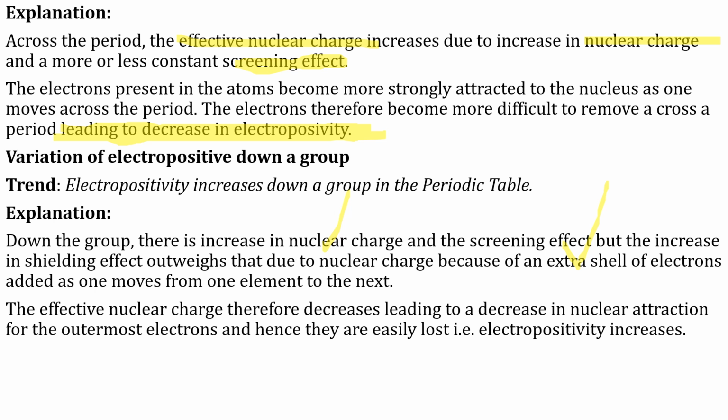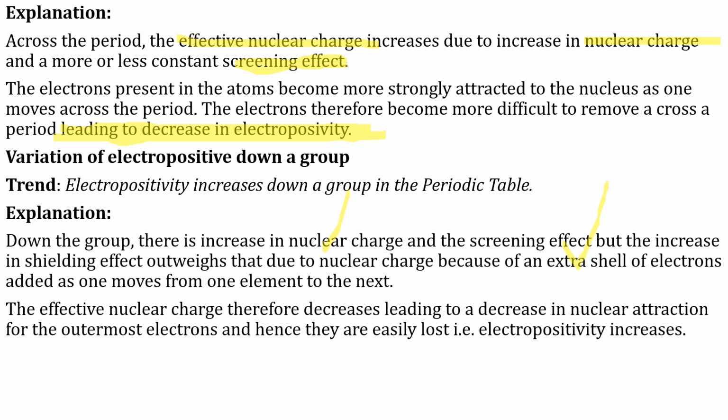After talking about that, you talk about what outweighs each other. Down the group, the increase in screening effect has been always outweighing the increase in nuclear charge. And what happens if increase in screening effect outweighs increase in nuclear charge? You'll find that effective nuclear charge will decrease.